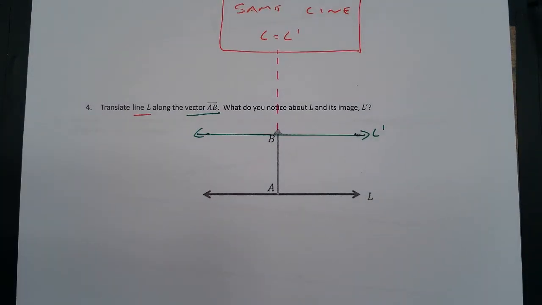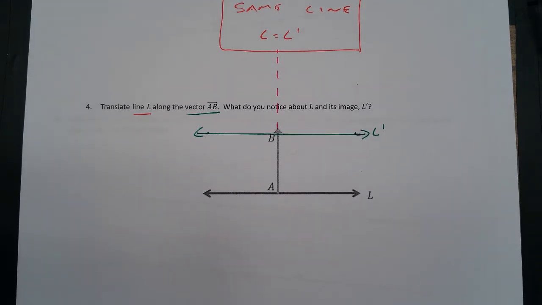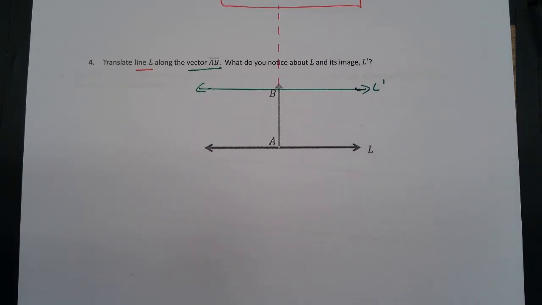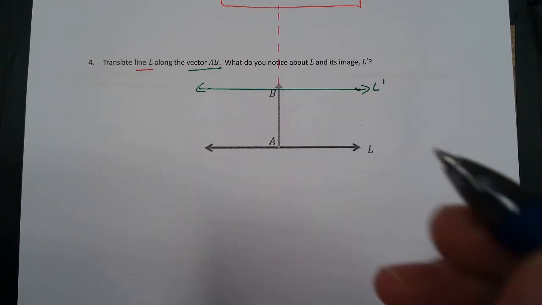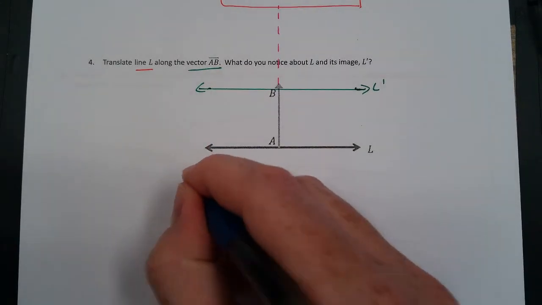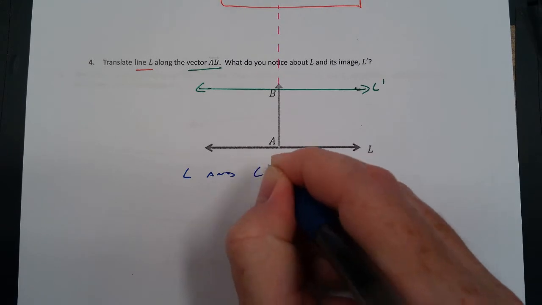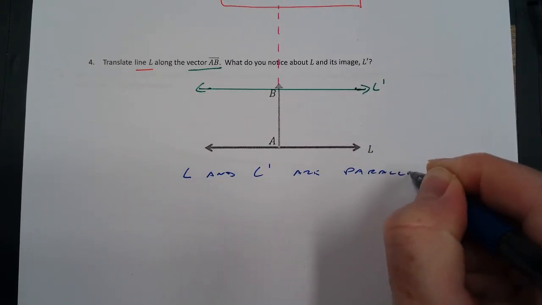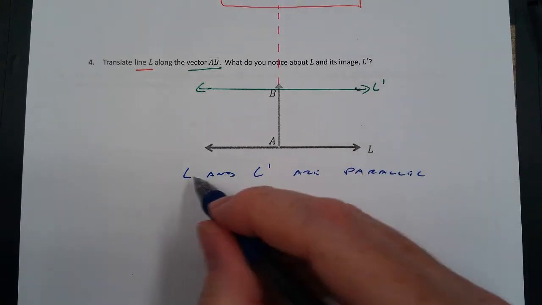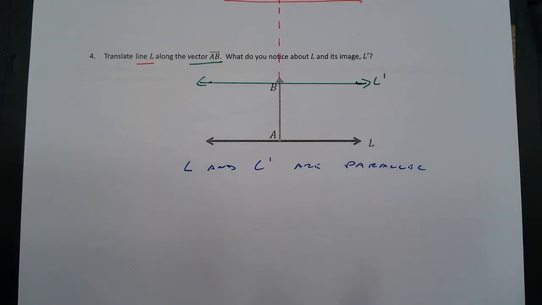Now, the question, what do you notice about L and L prime? Write down what you notice on your paper. Hopefully you noticed that, hey, L and L prime look like parallel lines. So L and L prime are parallel. L and the image of L are parallel.